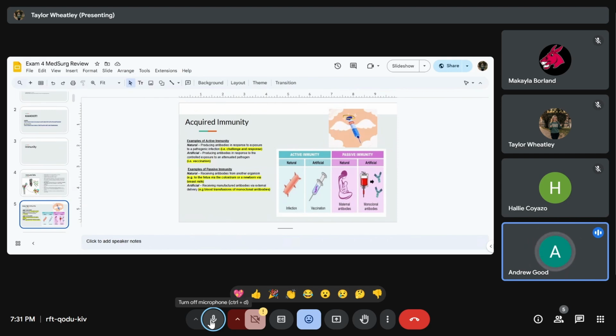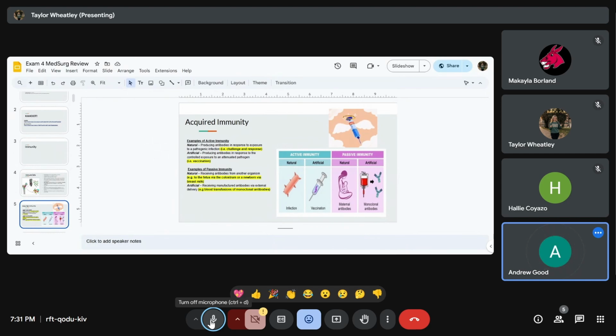As to active immunity, whether it's natural or artificial, your body is having to make those immune cells and make those antibodies. Natural active immunity is you just fighting off an infection of some kind. You get something, you fight it off. Artificial active is vaccines.